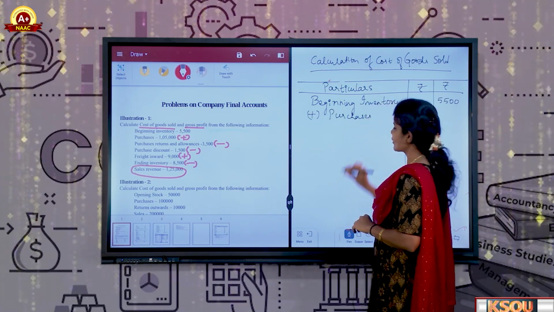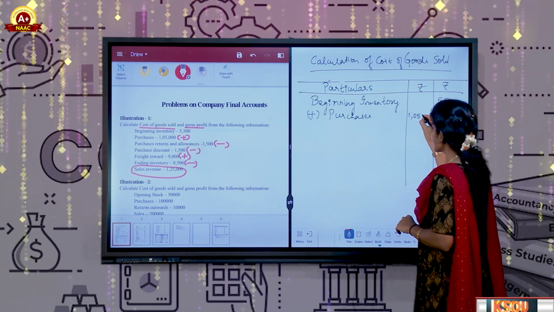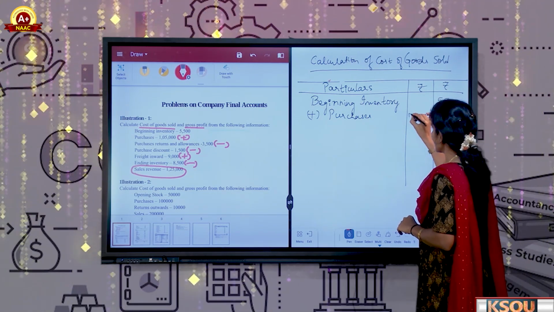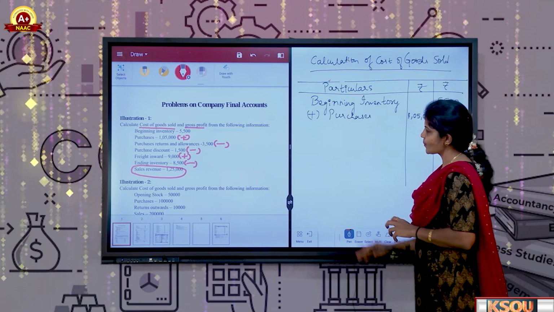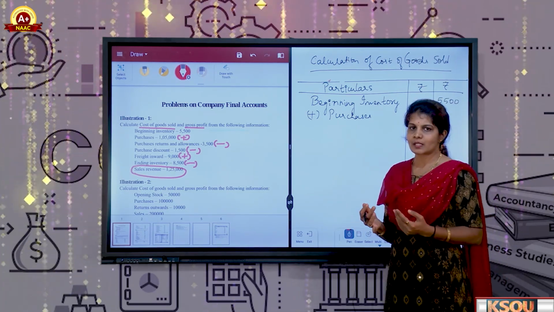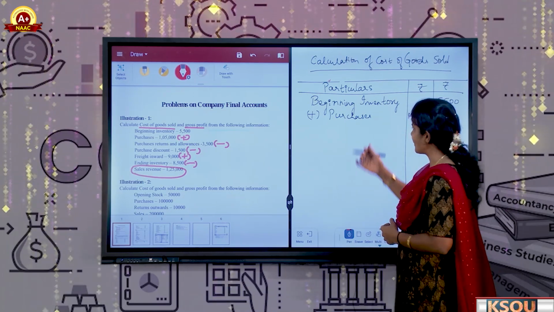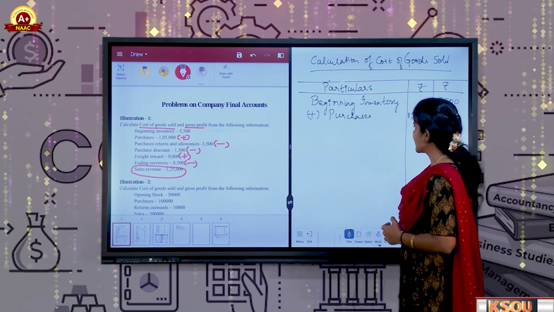What is the amount of purchases? It is 1,05,000. I am taking this in the inner column. Why? Because after making some adjustment of purchase returns, purchase allowances, purchase discount, etc., the net purchases can be taken to the outer column to add to the beginning inventory.